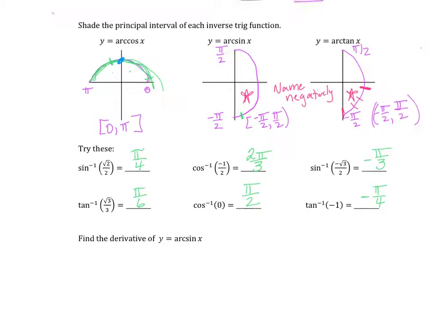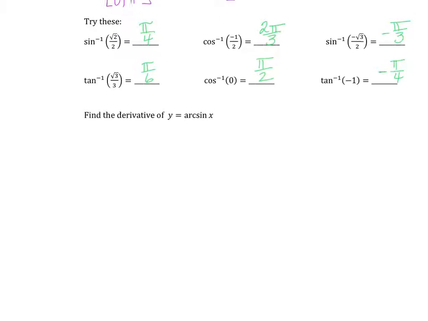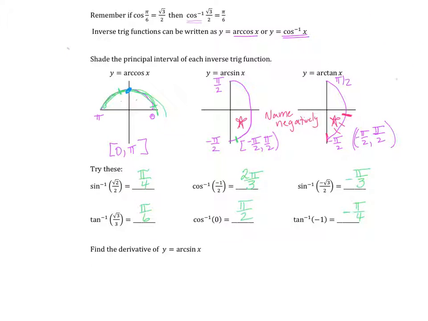So let's figure out the derivative of arcsine. It's actually kind of cool where this comes from. You would agree, like I did up here, that if the cosine of pi over 6 is square root 3 over 2, then the inverse cosine of square root of 3 over 2 is pi over 6. If y equals the arc sine of x, that means y is the arc that has a sine of x.